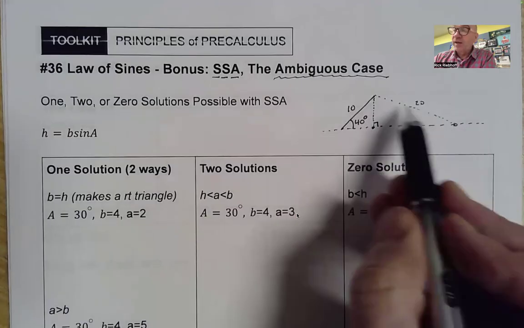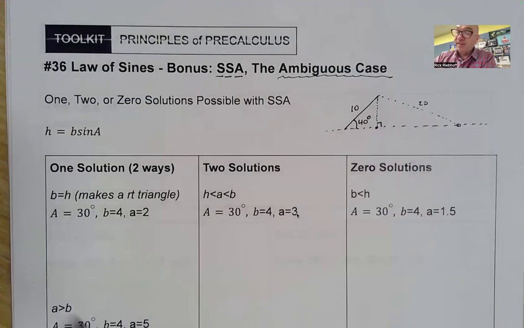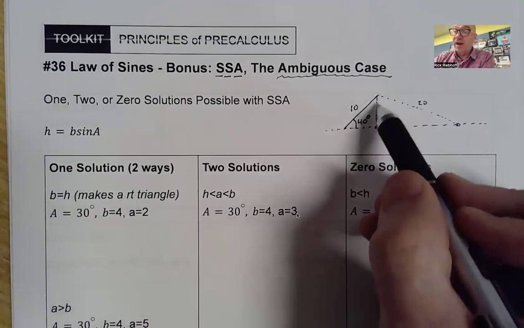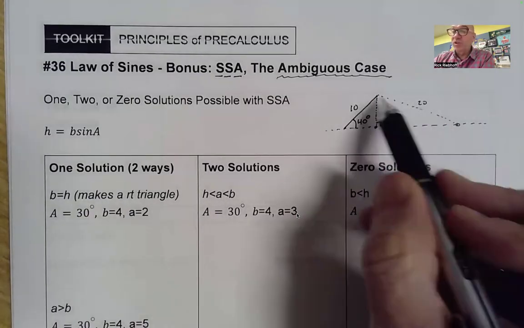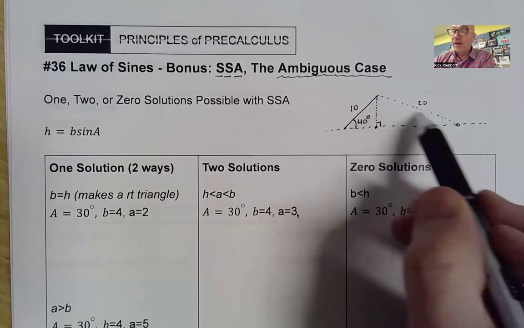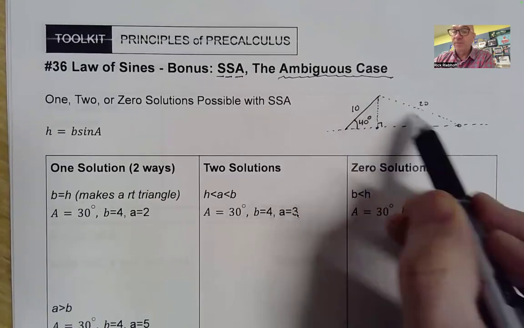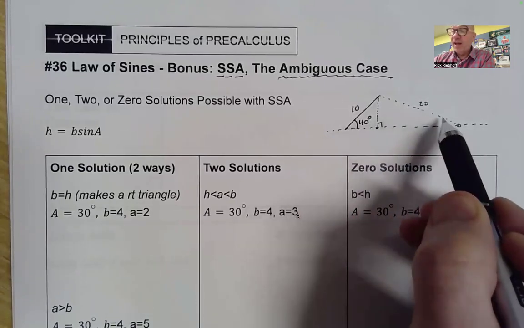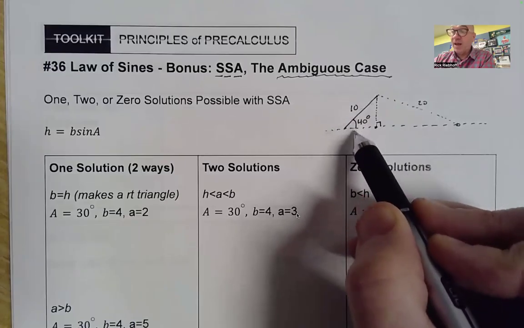It's got to go out this way. So that's the second way we can get one solution: either a 90 degree angle, or this is just so large that it's got to be all the way out here, and this would be our triangle. Notice we don't know this side yet. We only have side, side, angle.